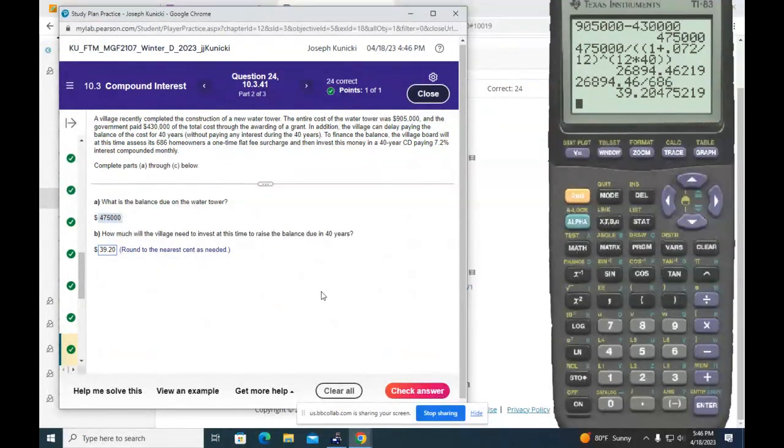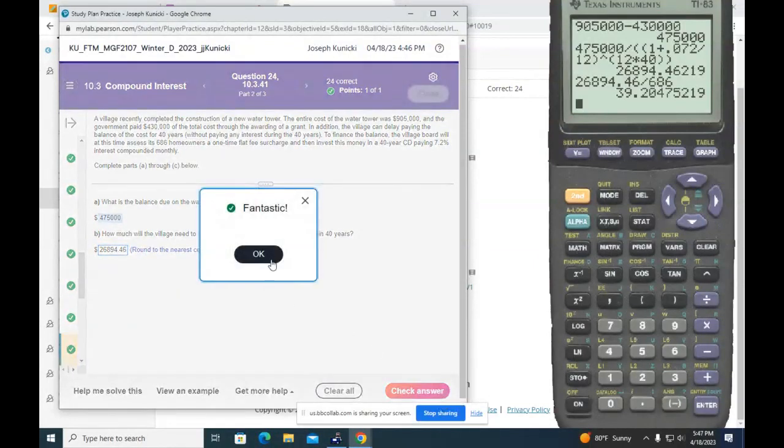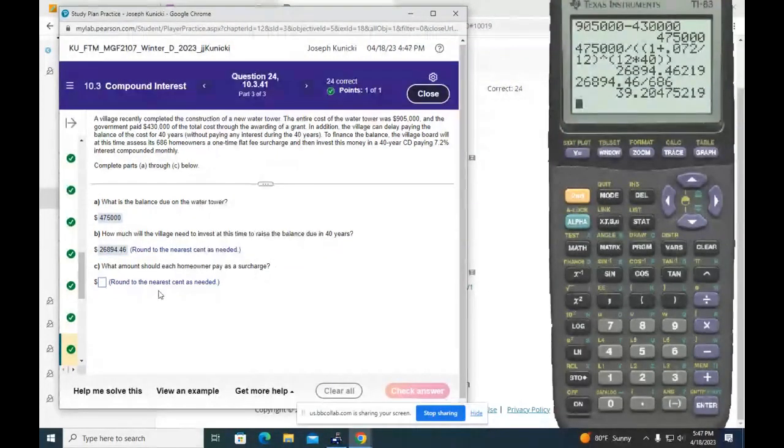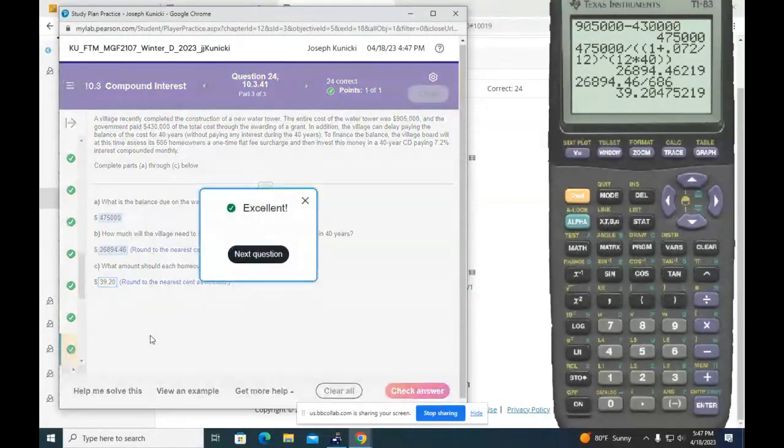It's asking how much the village needs. Okay, how much do they need to invest? So it would be the 26,894. I jumped the gun. Now they want the surcharge. So now it's $39.20. There were 3 parts to it. Yeah, I jumped the gun.